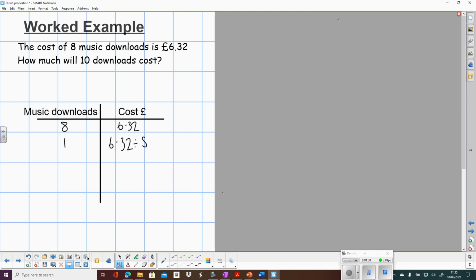We can do that sum, and that equals 79 pence per download. So if we know that one download is 79 pence, 10 downloads is 10 times 79. That's going to cost £7.90.